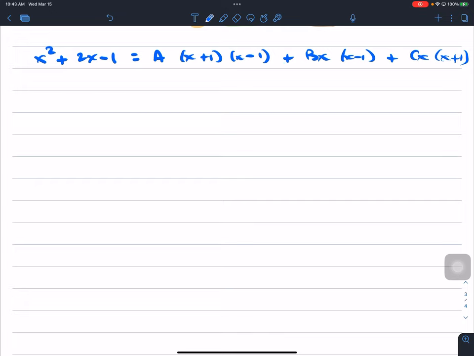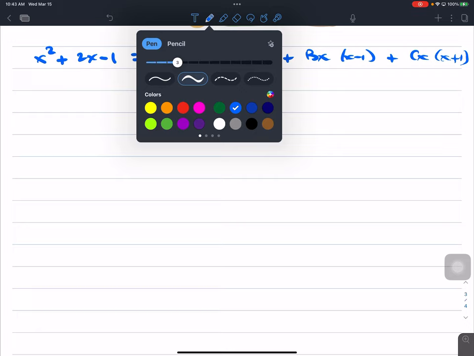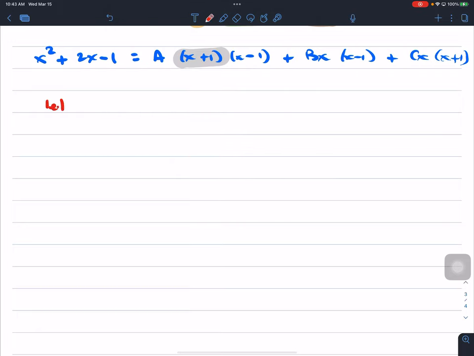We've got to zero these terms out. Maybe I start systematically, right? Start here. You see this x plus 1? What do I let x be? If I let x be negative 1, doesn't that zero out this term? You see what I'm saying?